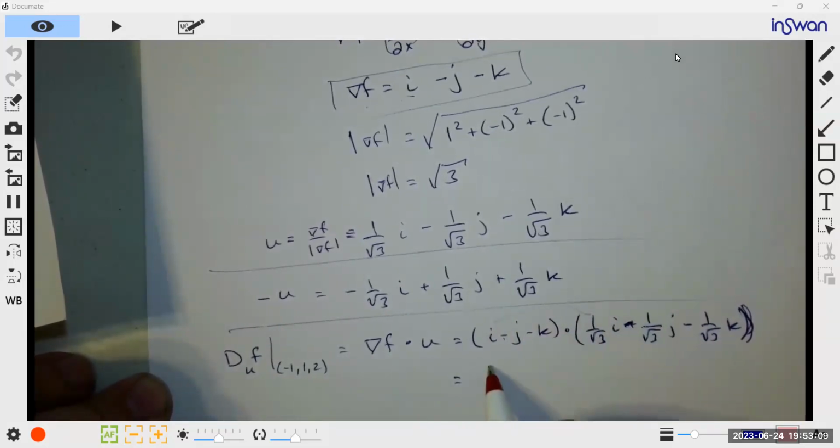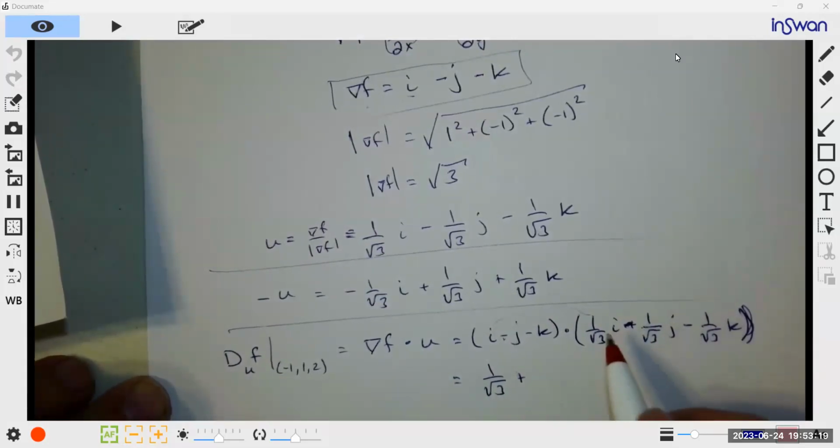One times that, so it's 1 over radical 3. Negative times negative is a positive, so it's plus 1 over radical 3. Negative and negative makes it plus 1 over radical 3.